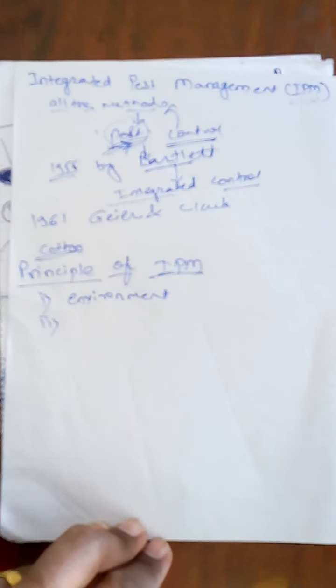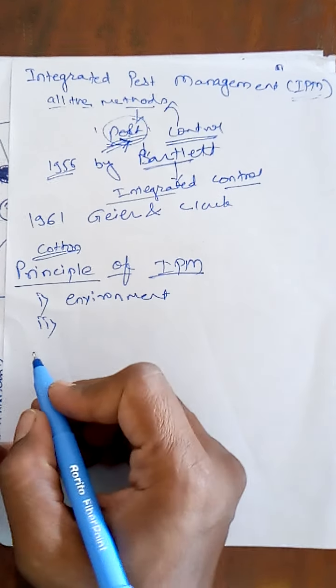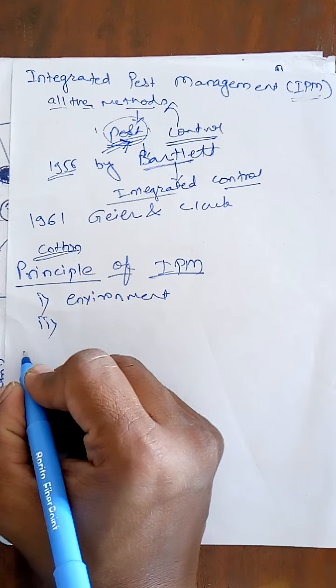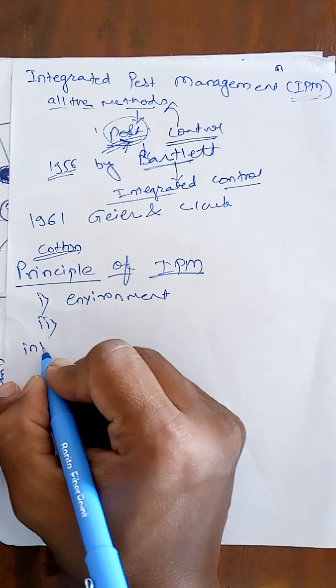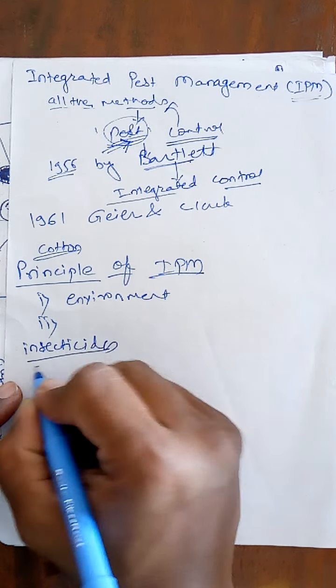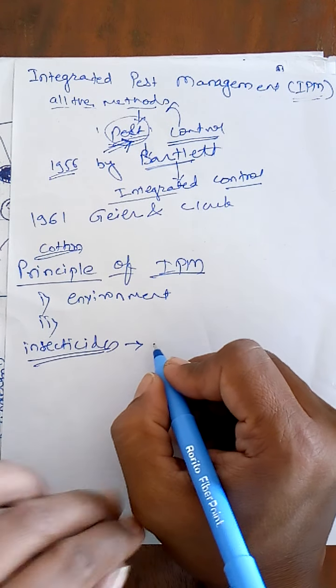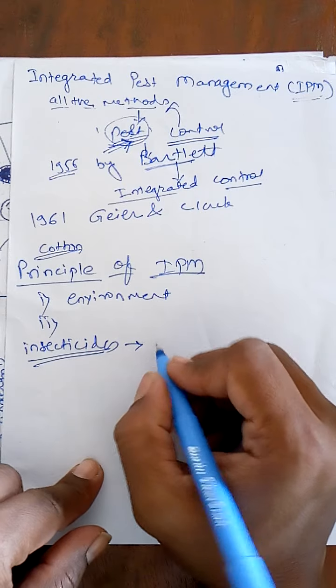Okay, so when we are using different types of insecticides, the insecticides may lead to various types of problems. For example, side effects of the insecticides. These insecticides have many problems. How do they create the problems?